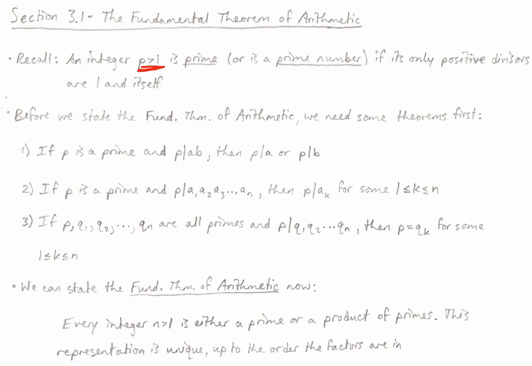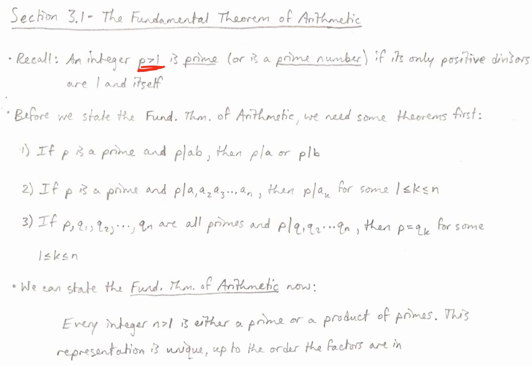Number 2 just shows that number 1 generalizes to the product of any number of things. If p is a prime and p divides any product of numbers, then p has to divide one of those numbers that are making up that product. 3 is very similar to number 2, but a little bit different.